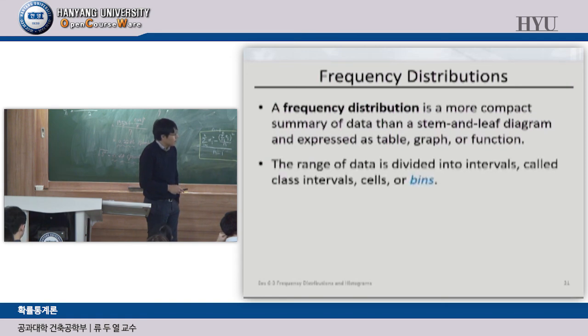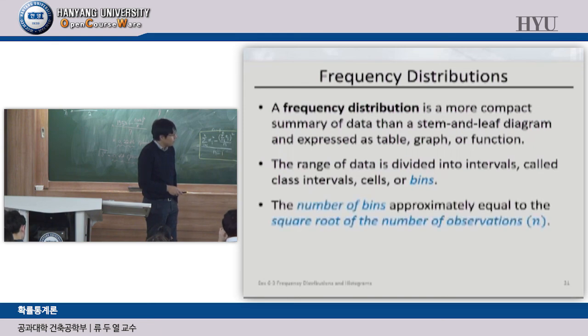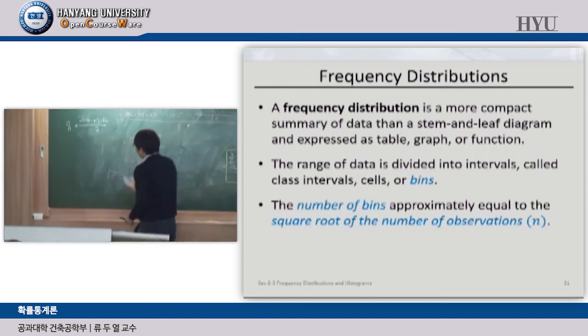The range of the data is divided into intervals called class intervals, cells, or bins. The number of bins is approximately equal to the square root of the number of observations, that is, n.